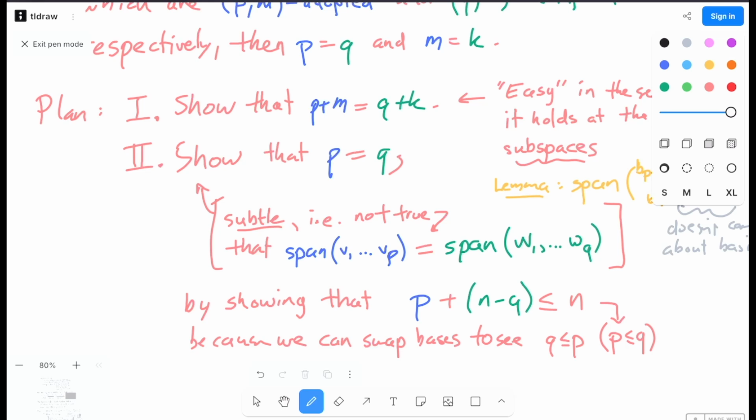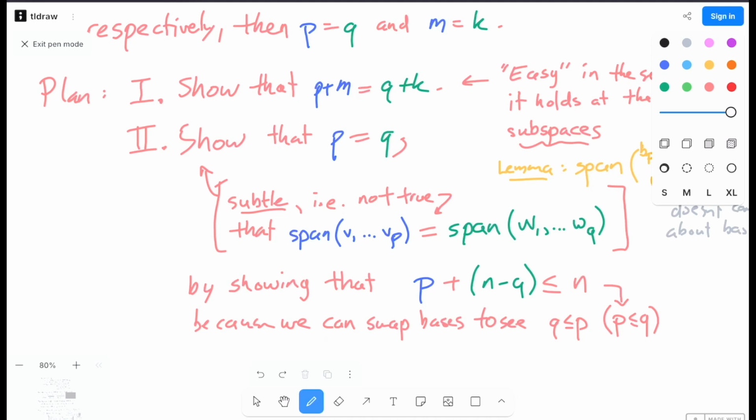So I'll say verbally, while folks might be typing some questions: how do you prove inequalities in the context of linear algebra? Usually this is done by showing that something is linearly independent or spans, because spanning sets can't be too small, and linearly independent sets can't be too big. And so that is precisely going to be the plan here.